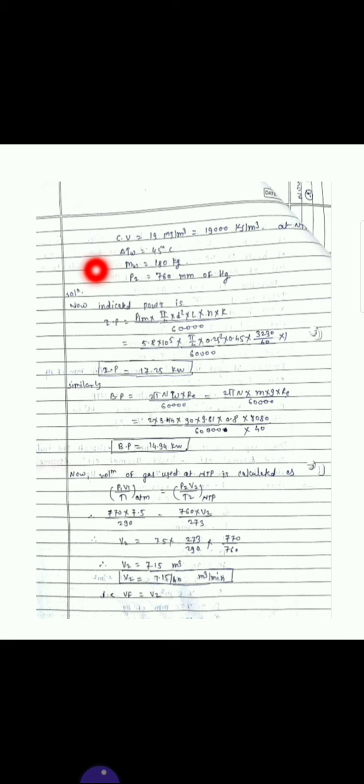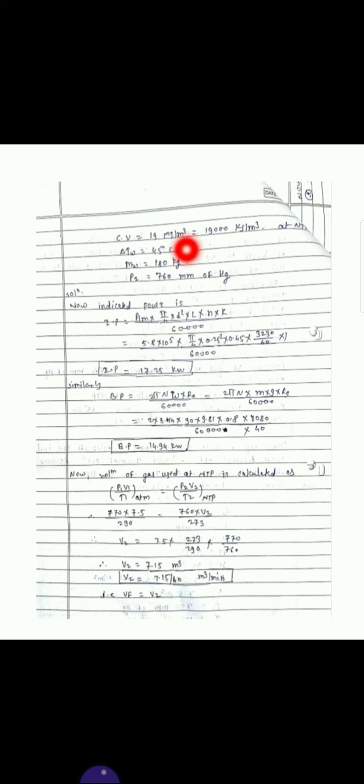Okay, now next, what is given? Rise in the temperature of jacket cooling water is 45 degrees Celsius. That means delta T of water is 45 degrees Celsius. Then next, cooling water supplied equals 180. That means mass of water is given as 180 kg.